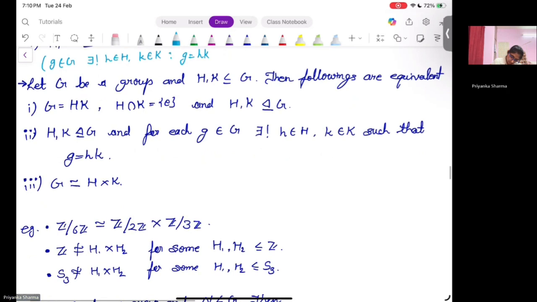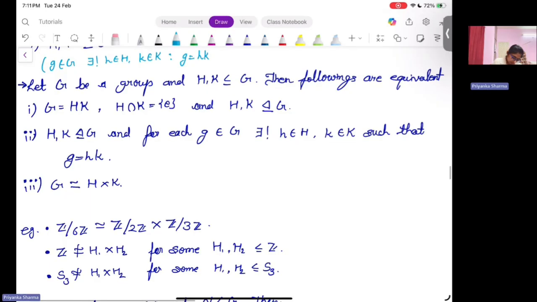So these are the necessary and sufficient criteria for H and K to generate the direct product G.